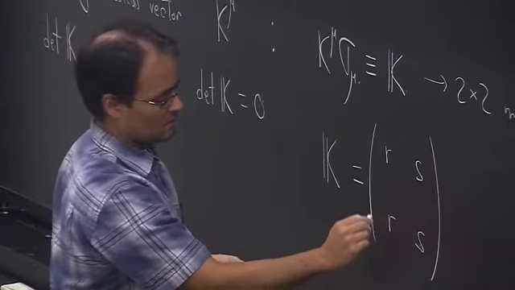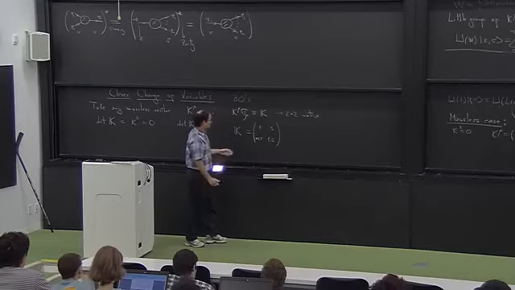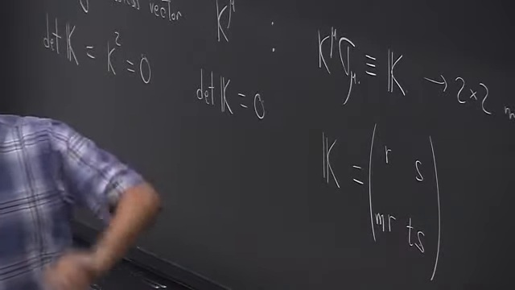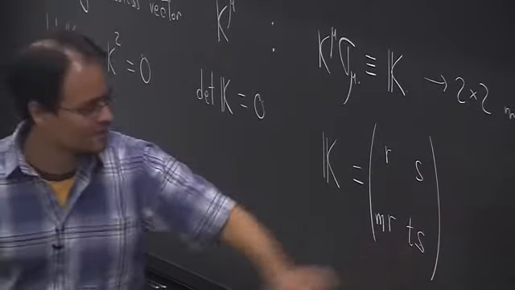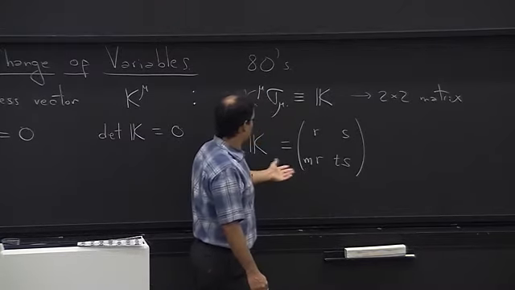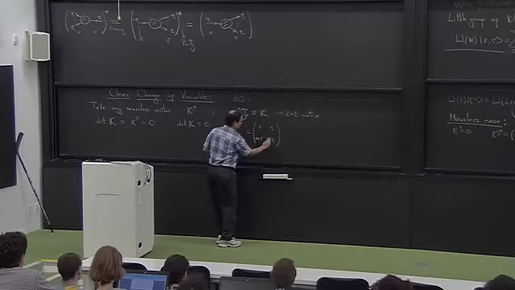Let me call it M and T. These S and T have nothing to do with any S and T you have seen before. It's just that I cannot come up with any other letters. It should be the same M.